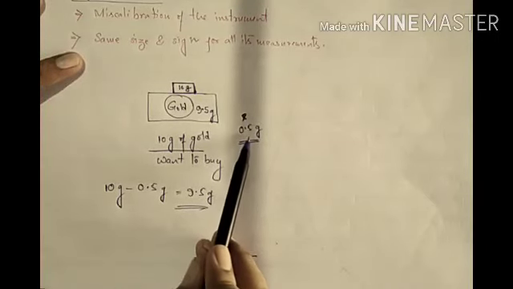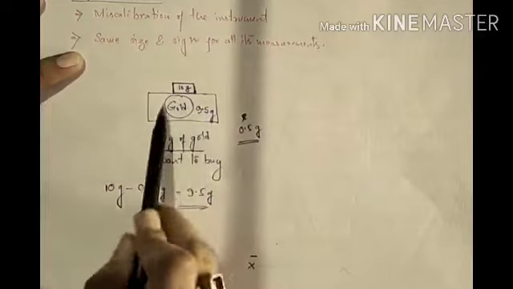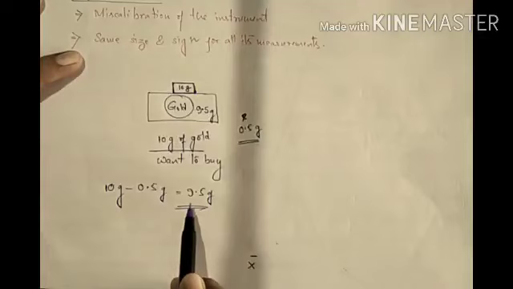There is an error of 0.5 gram, and this error is due to miscalibration of the instrument, due to malfunctioning of the instrument. Or rather, the correct precise term is miscalibration, because the instrument was calibrated in such a way that it has to exhibit an extra 0.5 gram for the benefit of the gold sellers. So now you understand, if it shows 10 gram, the actual amount of gold that you will have is 9.5 gram.